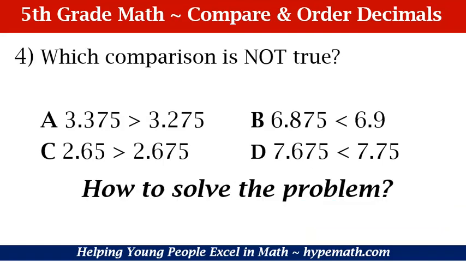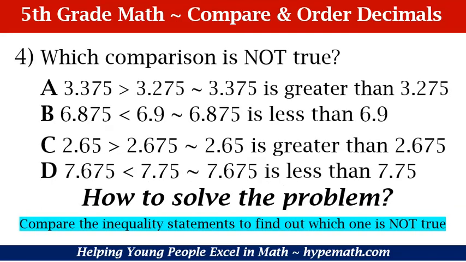How to solve the problem? Well, what we are going to do is look at our answer choices again, okay? A says, and we put what the inequality is saying, 3.375 is greater than 3.275. Is that true or is that false?